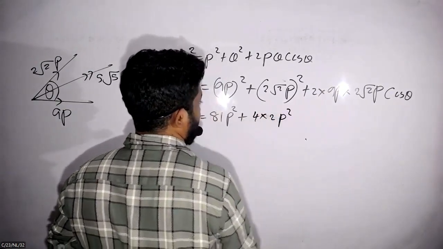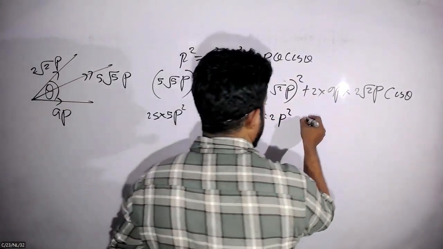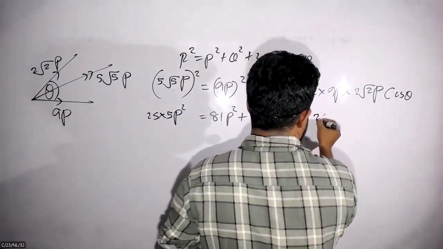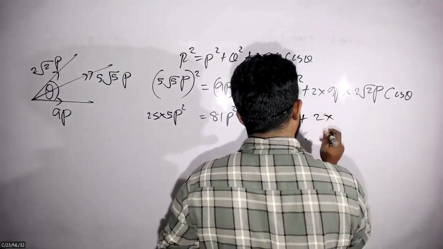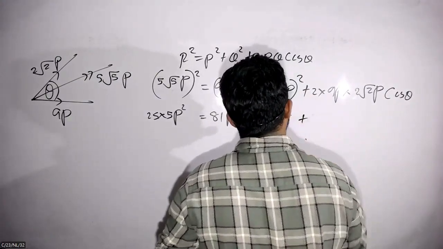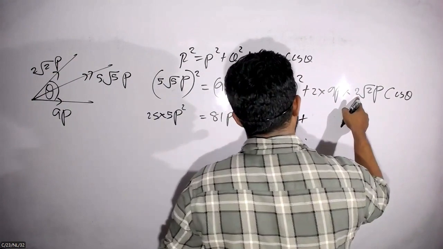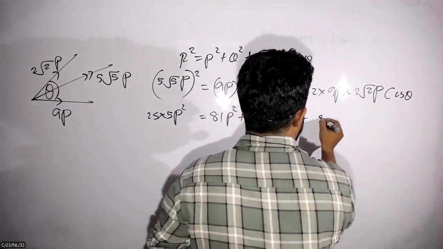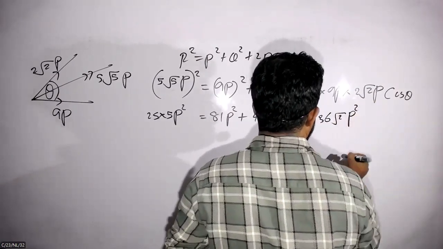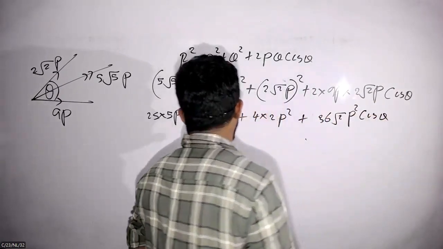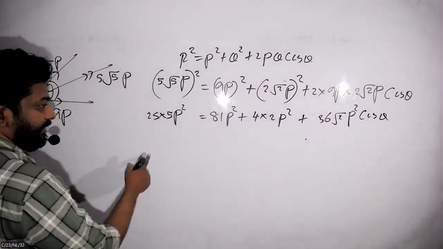Just simplification, right? An easy question. 9 into 2 is 18, 18 into 2 is 36, 36 root 2 P squared, P into P squared, cos theta. Then you can simplify the values.